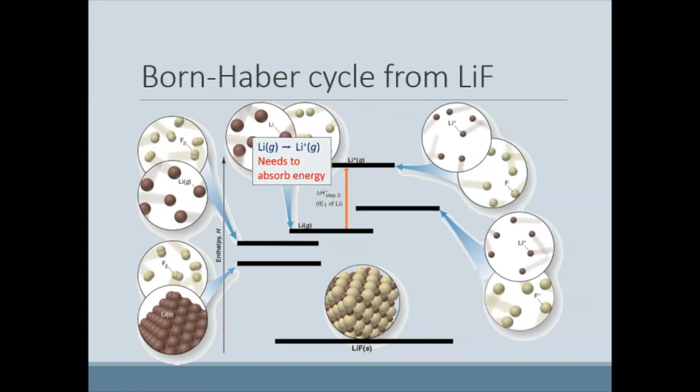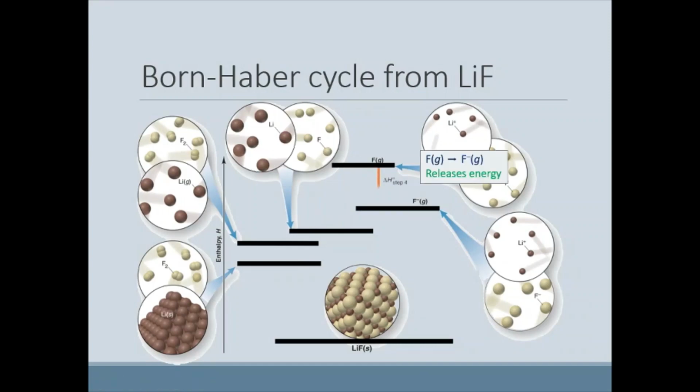But the first payoff is whenever we actually add this electron to our F atom. Once you take the electron off of lithium and shove it onto the fluorine, this is the first positive sign that we see, the first release of energy. But even at this point, we started off at this bar, and we now are up at this bar.